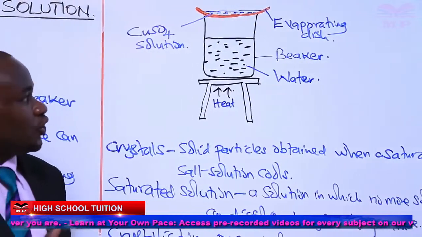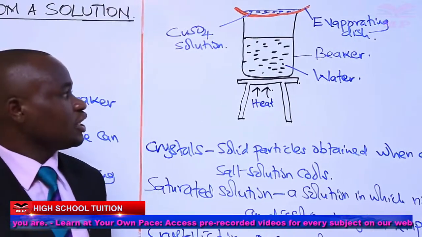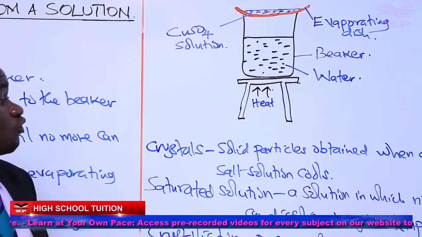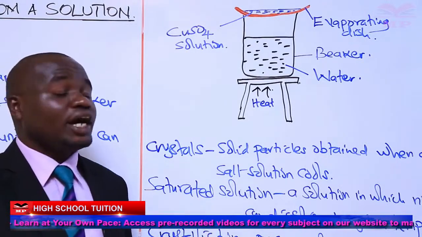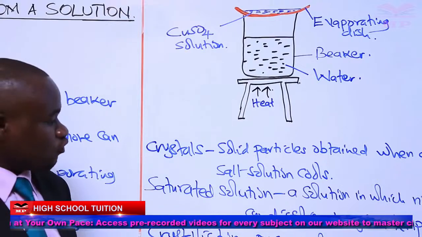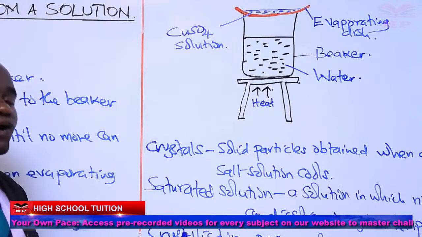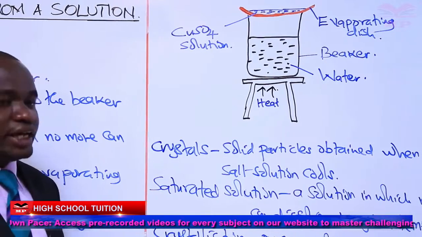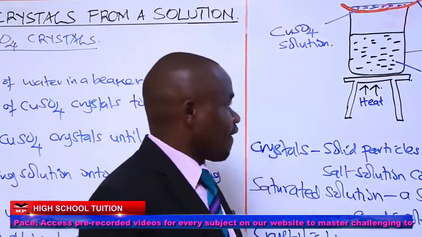After that, you remove it from the source of heating and then you allow the salt solution to cool. On cooling, it will form some solid particles, and those solid particles formed are called crystals, and the process of formation of crystals is called crystallization. And that is the end of our lesson.